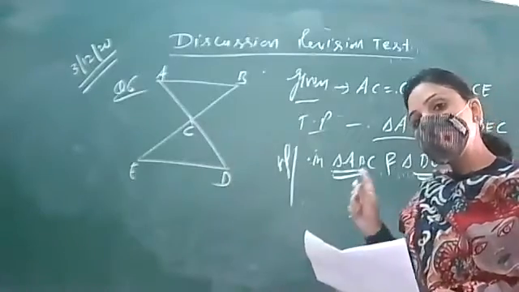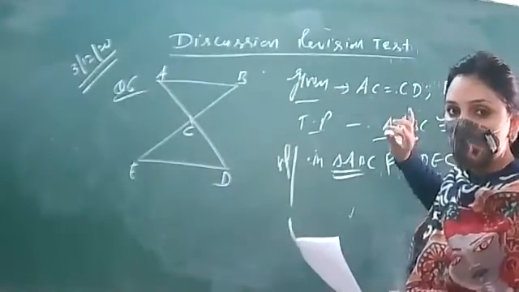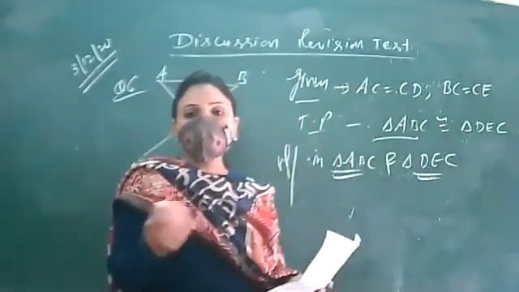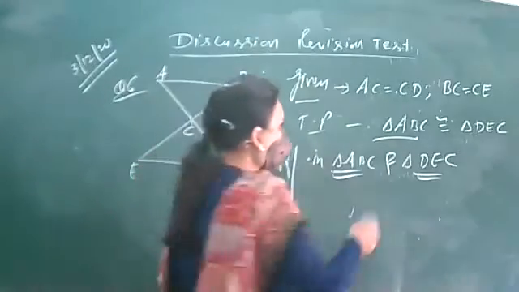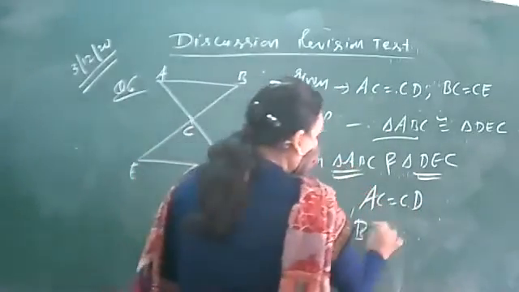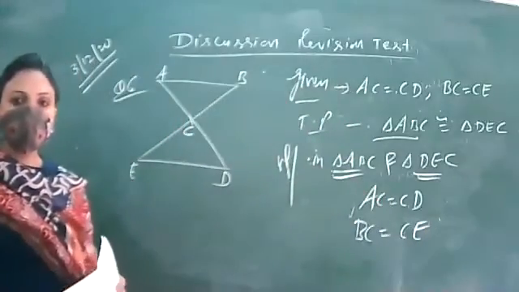So let us firstly use the two given. They will help us. Right now, three things we need. Most of the time in congruency, two things are sitting in the given only. You just have to take them from the given, right? So we have AC equal to CD, that is given. BC equal to CE, that is also given, right?